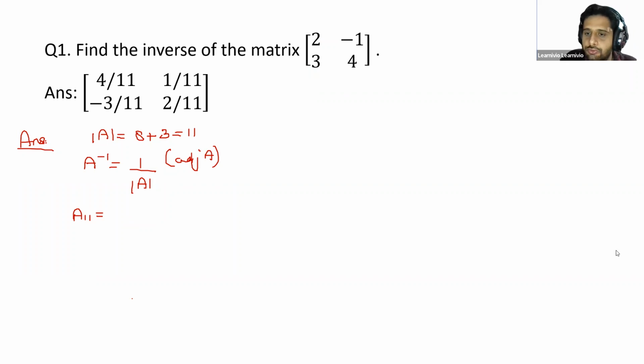Okay. Who will start this? Abdul, can you tell me what is A11? Cofactor of the first element. Abdur, can you tell me what is the cofactor of the first element?